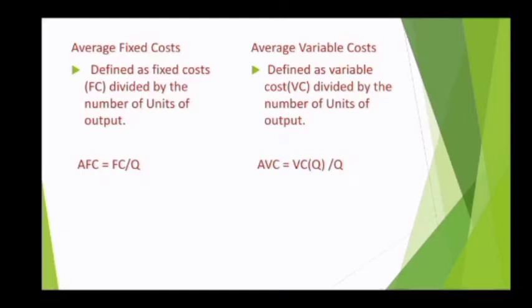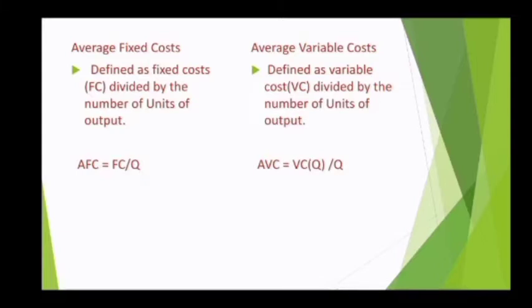Average fixed cost is defined as fixed cost or FC divided by the number of units of output, or AFC is equal to FC over Q. The concept of average fixed cost is what individuals most likely have in mind when they consider the advantages of producing large quantities of output: the overhead is spread out over a larger level of output.